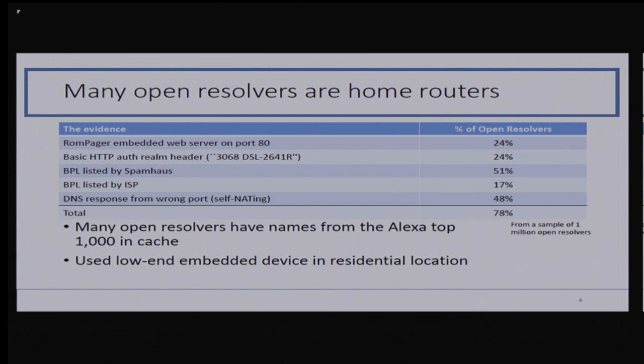Finally, we also look to see if popular names are in the open resolvers' cache, and we find that many actually include names from the Alexa Top 1000, and that would indicate to us that they're probably in use by people. So together, if we sum it all up, we have this idea that open resolvers are, at least in the majority, used low-end embedded devices in residential locations, or most likely home routers.